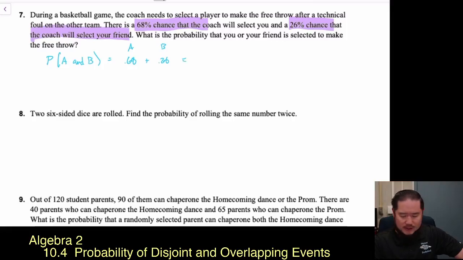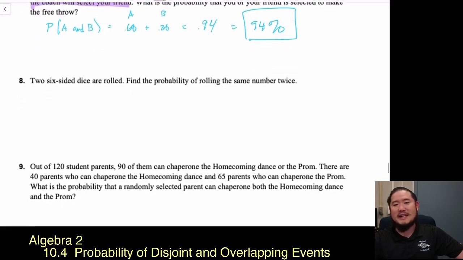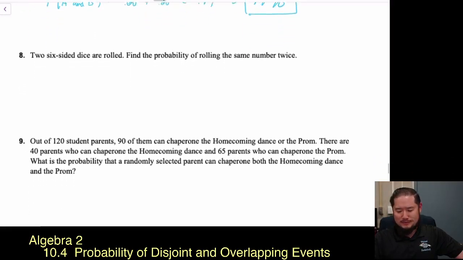This is a disjoint. So we'll add them up and you end up with 0.94. Okay, we have disjoint events, so that's all we need to do. And this ends up equaling, there is a 94% chance that you or your friend is selected to make the free throw. Are they going to make the free throw? That's another story. But it's about at least getting selected to make that free throw.